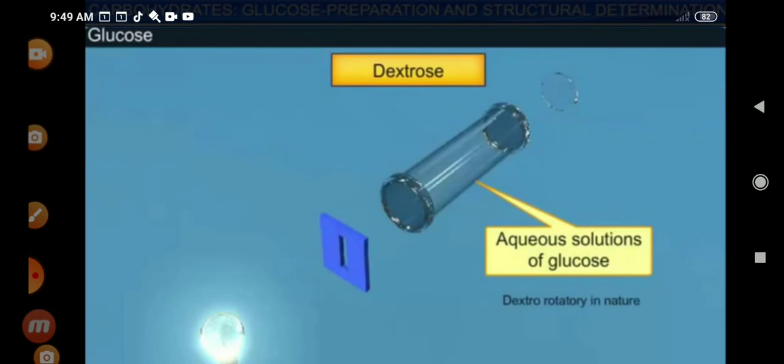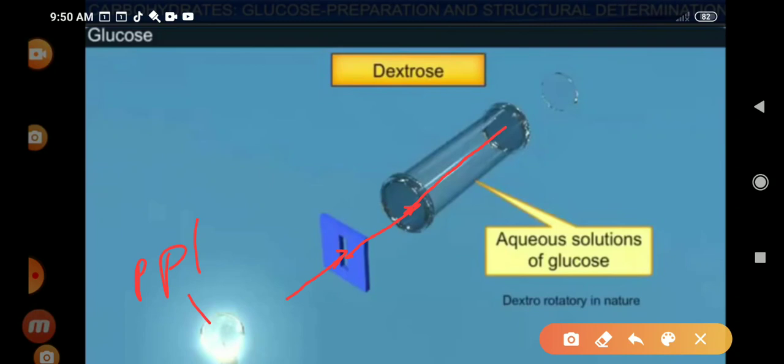Here I am performing this activity through a demonstration. Here we need to use a plane of polarized light, which is made to pass through a sample.